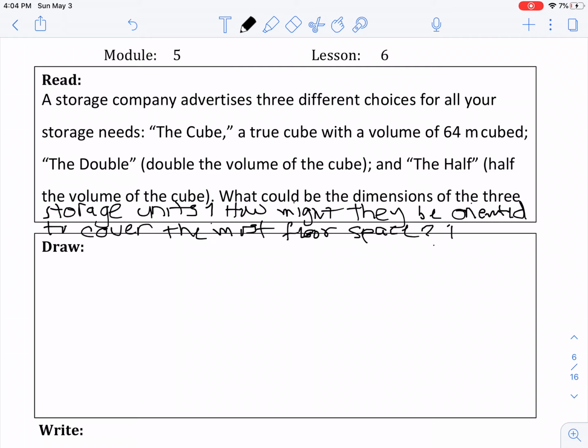And then it says the most height. So there's a few things that we're going to do here.